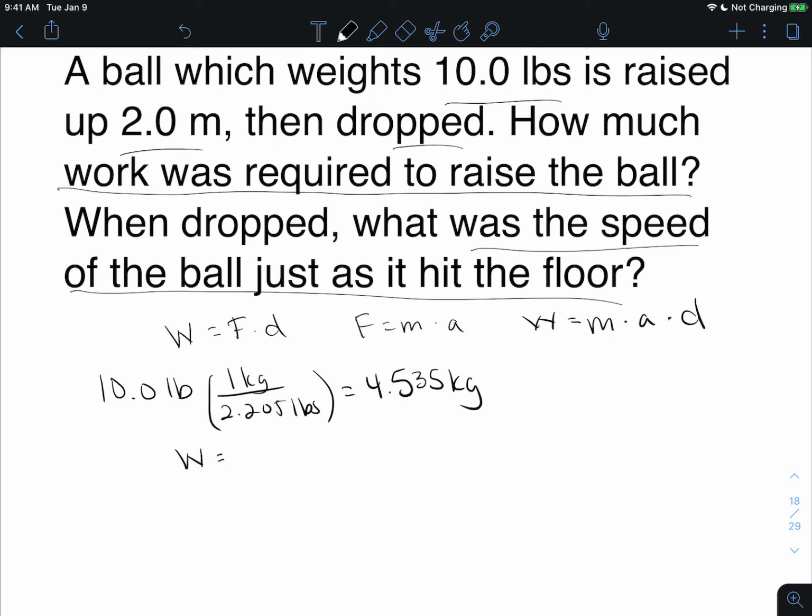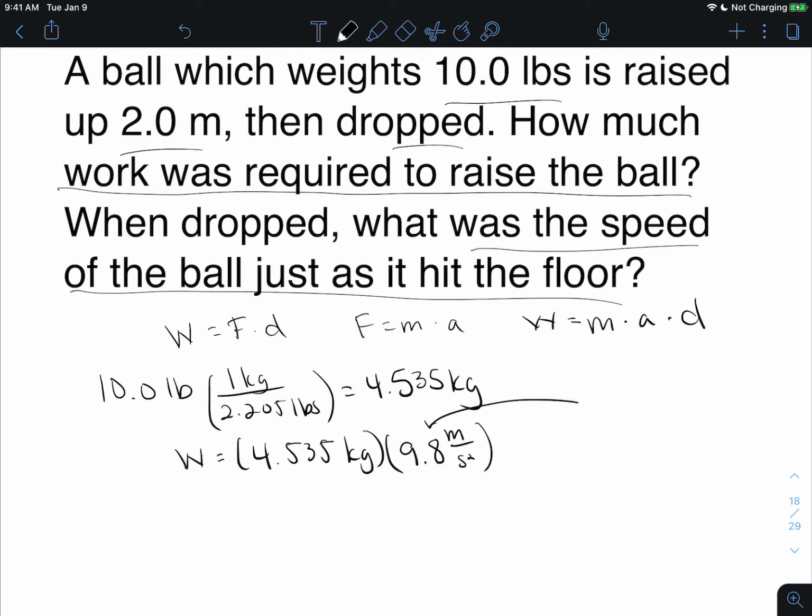And then we can put this into our equation. Work is equal to mass, 4.535 kilograms, times acceleration. This is going to be gravity, right? Because we're just dropping this. So it's 9.8 meters over second squared.